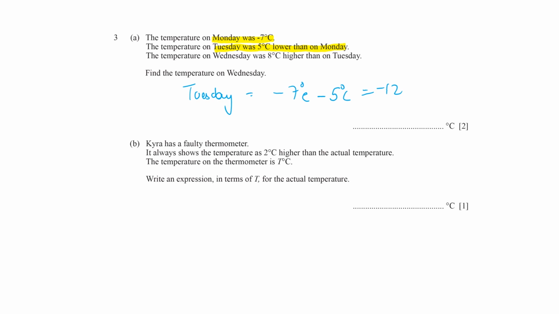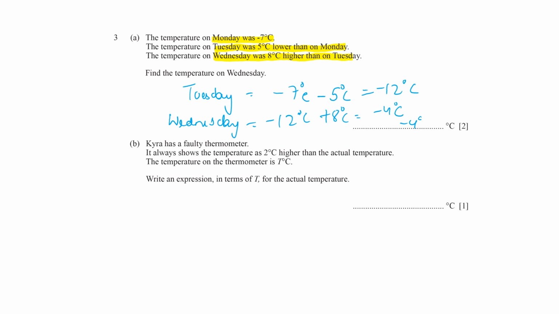So it's going to be -12 degrees Celsius. Now, the temperature on Wednesday was 8 degrees Celsius higher than on Tuesday. So to calculate the temperature on Wednesday, it's -12 degrees Celsius plus 8 degrees Celsius. That's going to be -4 degrees Celsius. So the answer is -4 degrees.